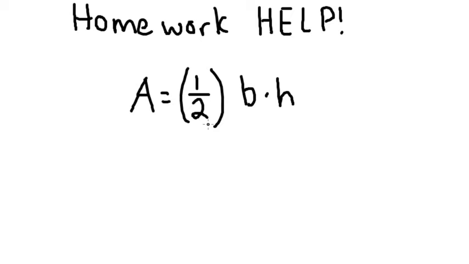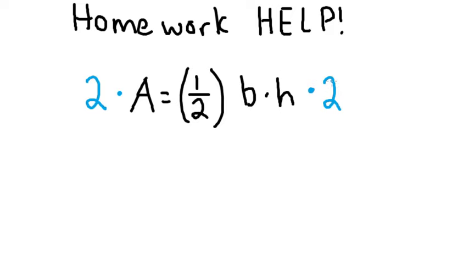The way I would start by doing that, the 1/2 means that you have a 2 in the denominator. So to get that 2 in the denominator to the other side, we need to multiply both sides of our equation by 2. Because this 2 in the bottom cancels out with this 2 on top.